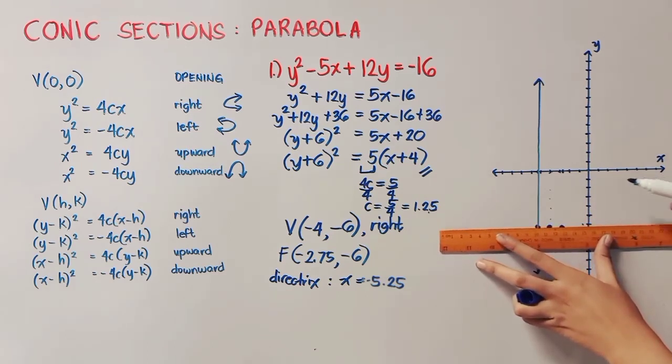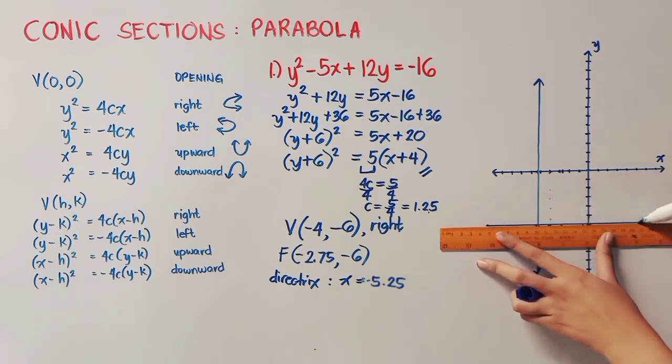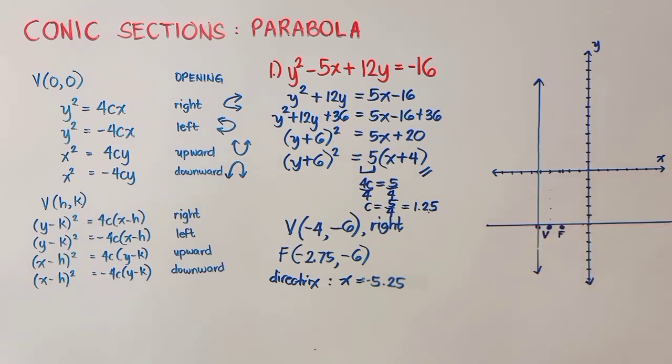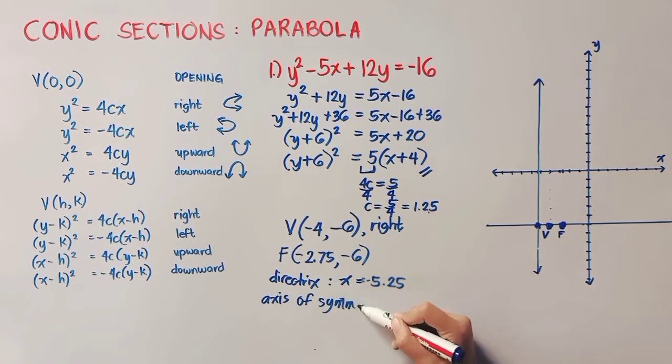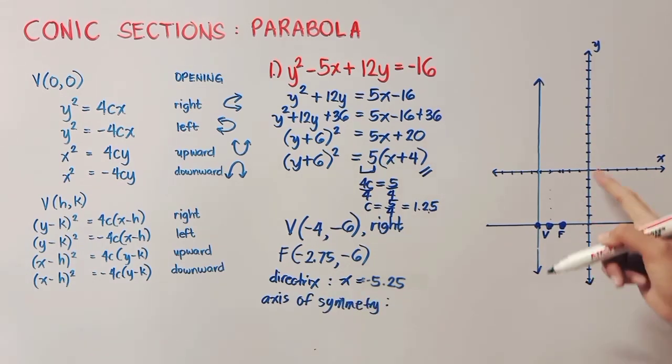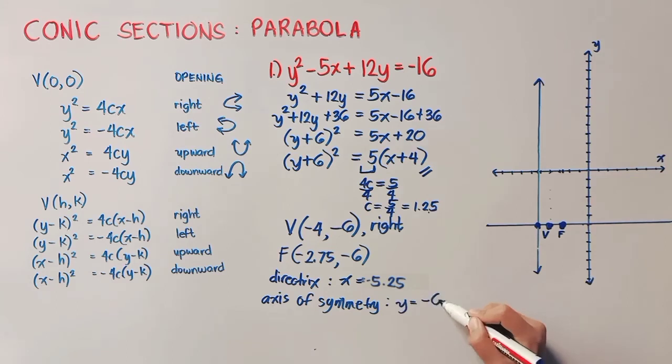So we'll just have to create this line here. And this is negative 6 in the y-axis. Let's just fix our points here. So our axis of symmetry is y equals negative 6.